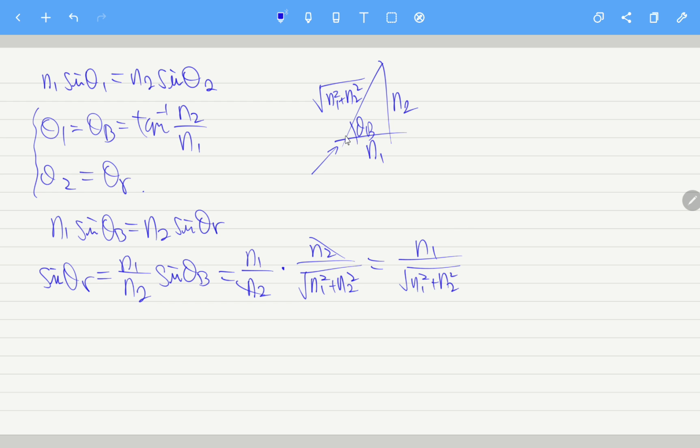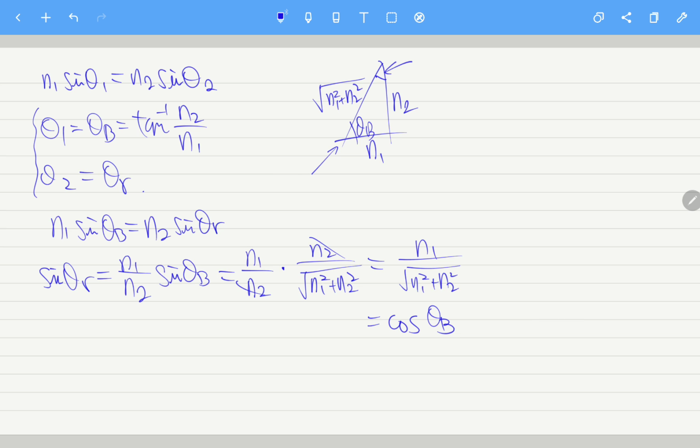Here we have n1 over this one, which means that it is actually cosine of theta b.